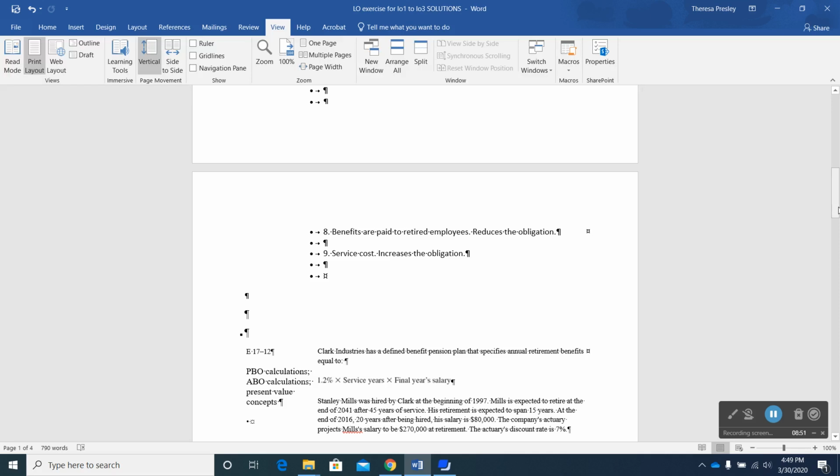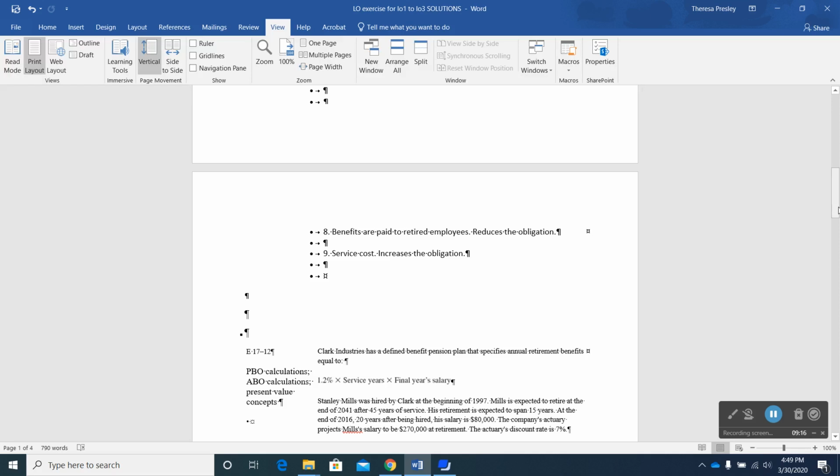And then another hash mark is going to be the end of 2041, because that's after working 45 years and when they're going to retire. The final hash mark is going to be 15 years beyond that date, which is when they are going to get their last retirement check, their last annuity payment.